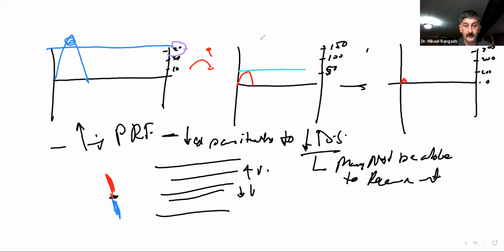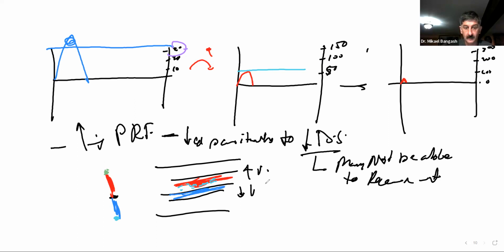And this fellow up here with a high velocity would show aliasing. This is the extreme negative, and this might be the extreme positive, where we may say aliasing in this blood vessel here. This one here was a low negative velocity.